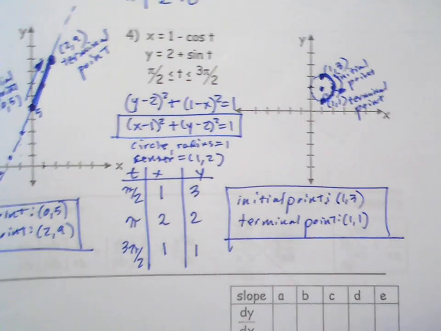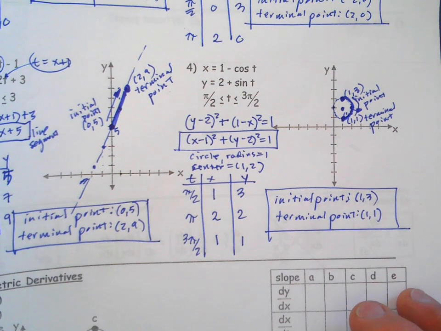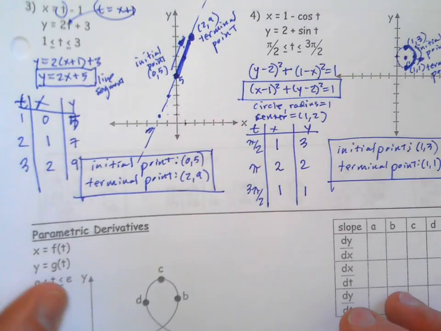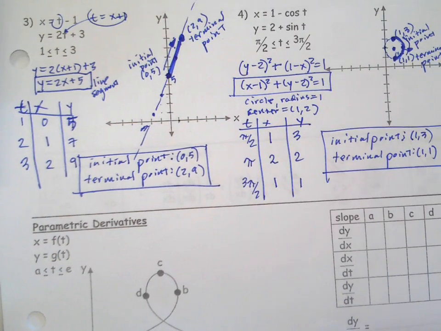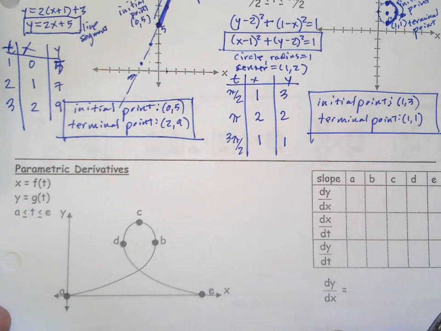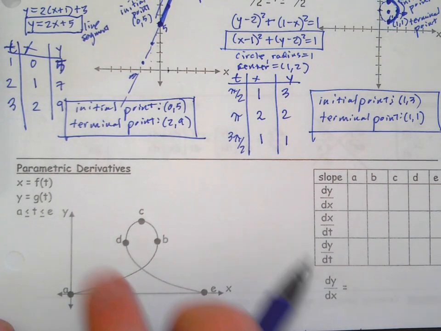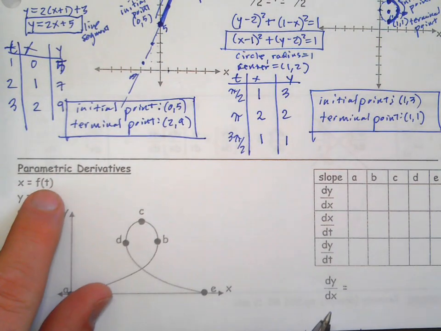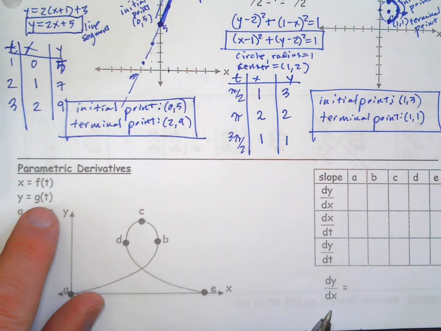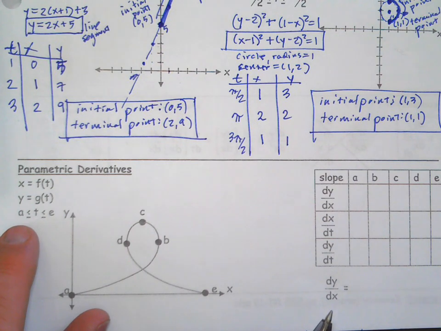Okay. Now, so far we've been talking about these parametric curves, but not so much in the sense of the motion of them. But remember, these are supposed to be motion problems. So we're going to start to get a little more into that now. So here's an example of some generic curve, x has some function in terms of t, y has some different function in terms of t, with endpoints a to e.